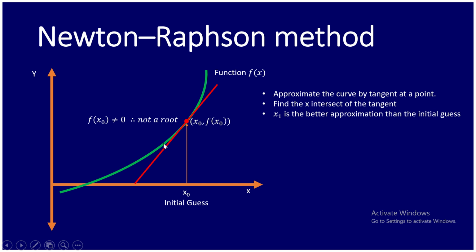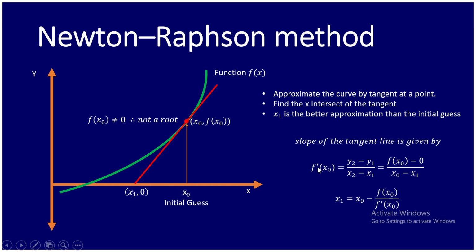The next thing we have to do is find the x-intercept of this tangent. To find this x-intercept, we will use the slope of the line. To find the slope of the line, we can use the function f dash of x, that is, the slope f dash of x0, which is equal to y2 minus y1 divided by x2 minus x1 for this tangent line.